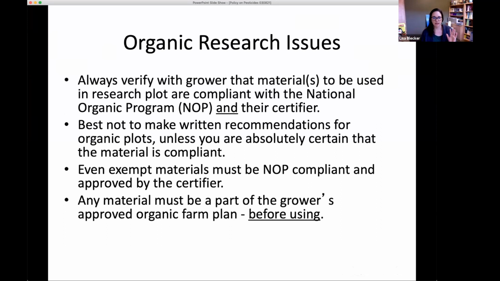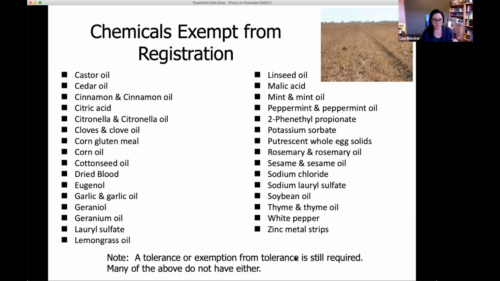Whether it's CCOF or the National Organic Program, you need to make sure your organic certifier is okay with whatever pesticides you're putting out there, even if they're certified organic. If it's not part of their farm plan, then the certifier may not approve it. So the grower really needs to check with their third-party certifier to make sure they're okay with you making these applications, even if they're organically approved.